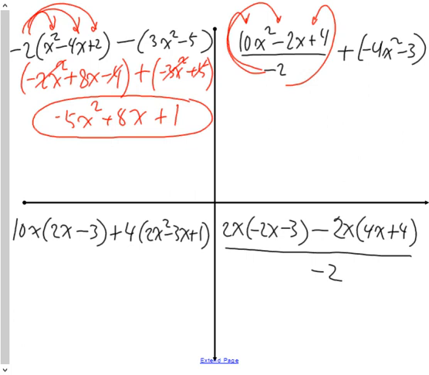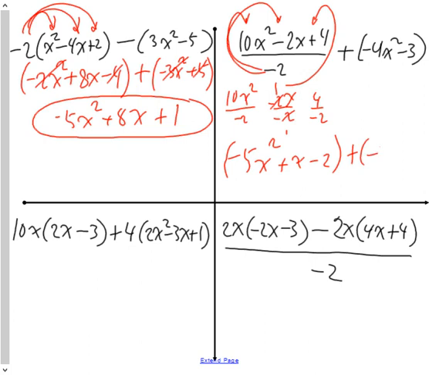That will leave you with, if you wanted to write it out separately, you could do 10x squared divided by -2, -2x divided by -2, and 4 divided by -2, which would give you -5x squared plus x, because the -2 and -2 will essentially cancel each other out or become a 1 over 1, leaving you with just an x or a positive x, and 4 divided by -2 is -2.